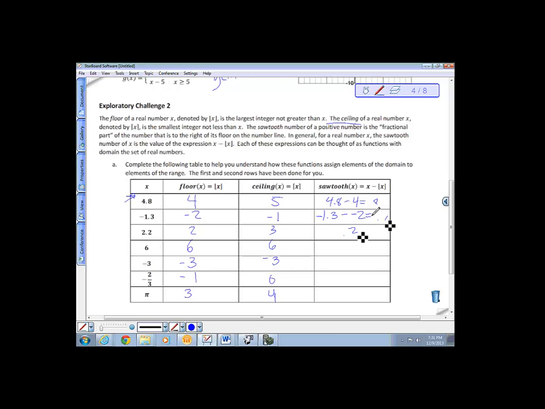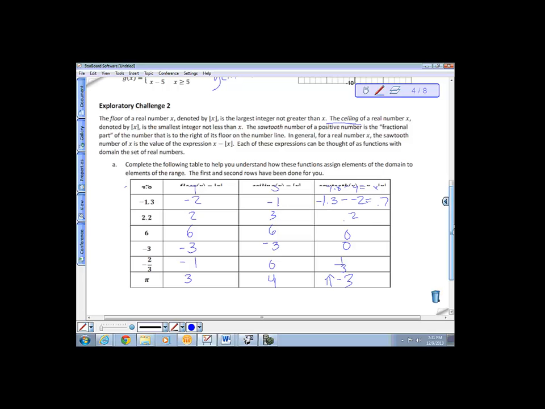This one's 0.2. 0 for these, of course, and this one's 1/3, and this last one is pi minus 3, which of course is in itself irrational. But anyways, there's those values, and now the last bit of the lesson is graphing these.